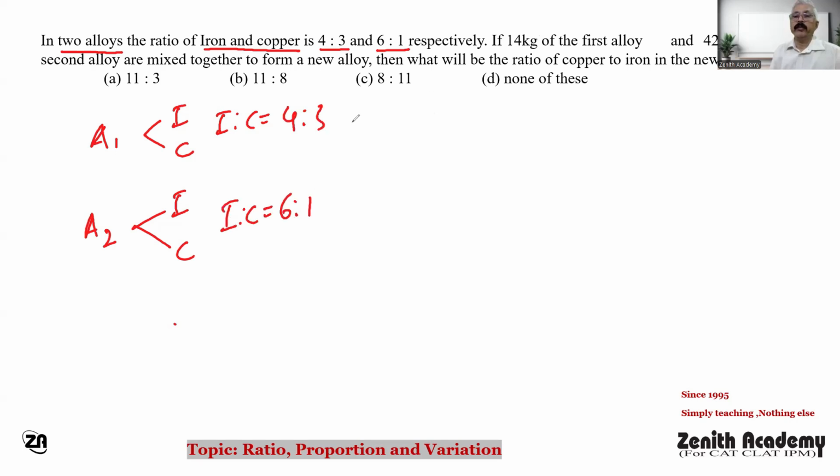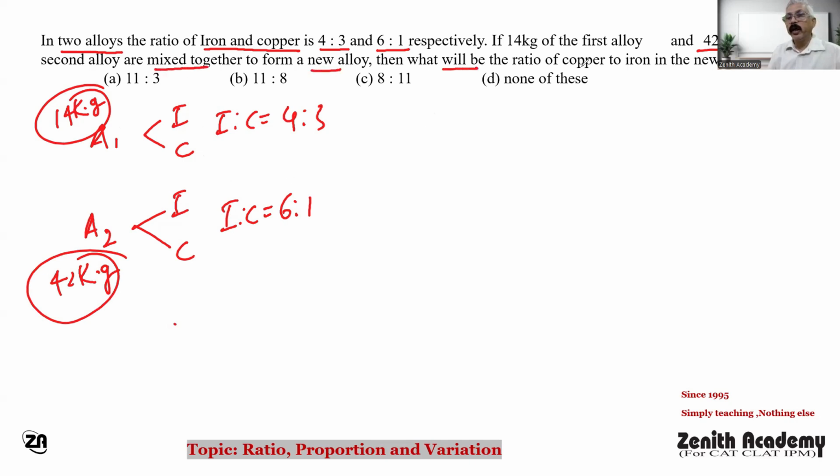If 14 kg of the first alloy and 42 kg of the second alloy are mixed together to form a new alloy, then what will be the ratio of copper to iron? Copper to iron ratio is asked.